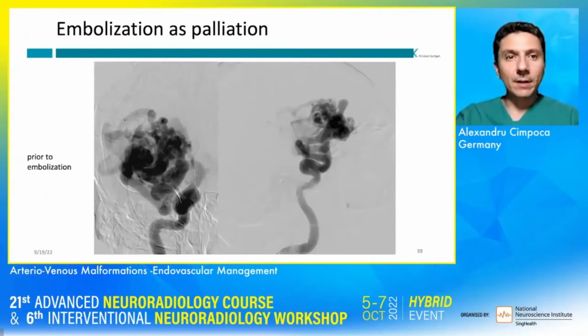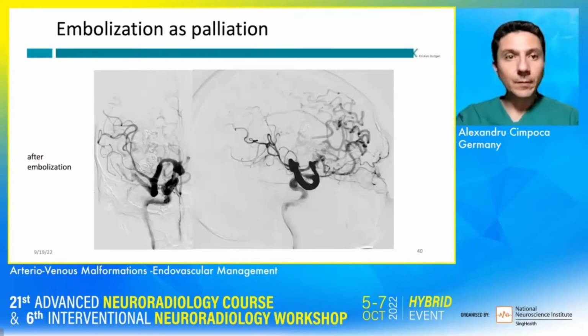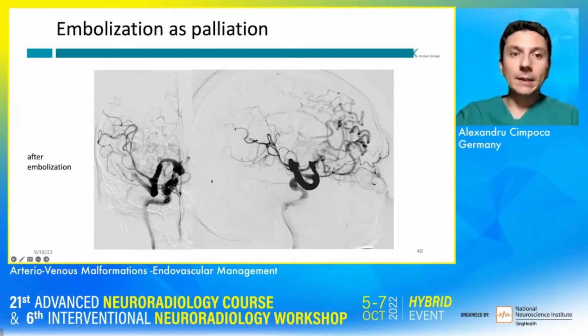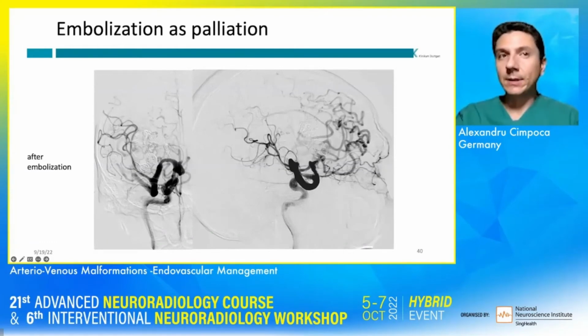This patient was having daily, uncontrollable seizures, and after 4 embolization sessions with Glubran and coils, we reduced the volume of the initial AVM without being able to occlude it completely. The seizures were not that frequent anymore, so we reached our target in this case.